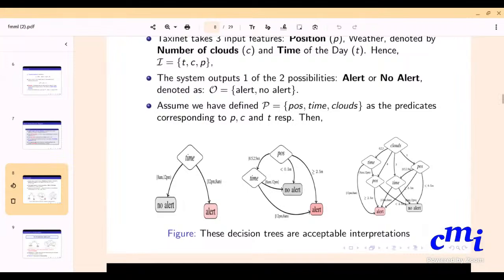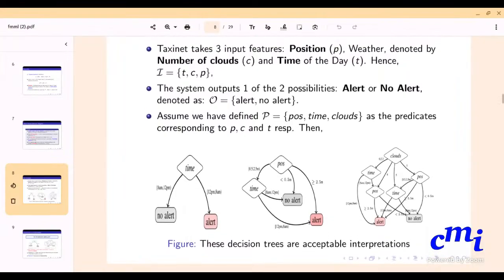Position itself is a feature, so the value space is partitioned three ways. And here you can see the clouds are partitioned four ways, and so on. Sure, I'll definitely do that. That will make it very clear.